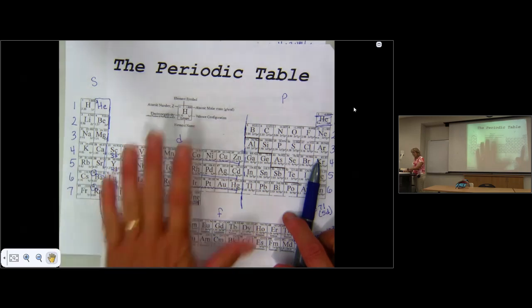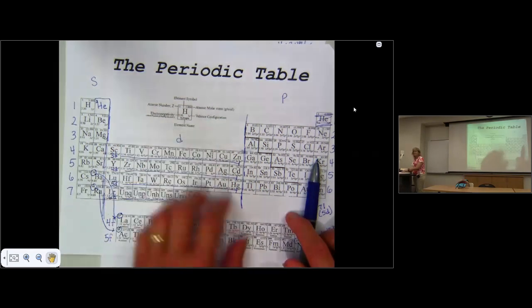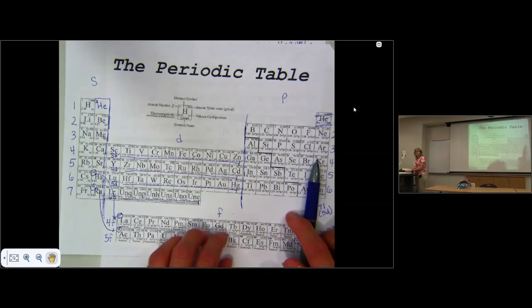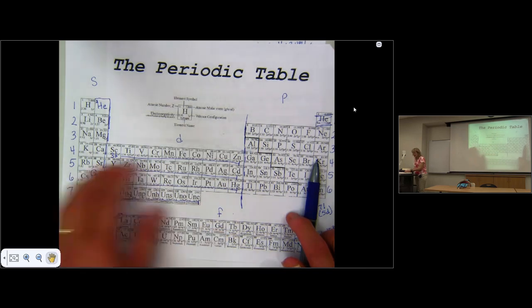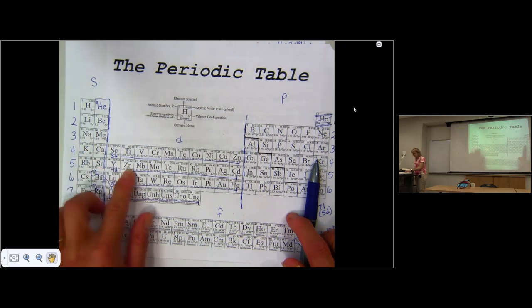7s. Which means everybody in this area has how many valence electrons? How many? 2. You all just told me who's outer? 4s. Who's outer? 5s.